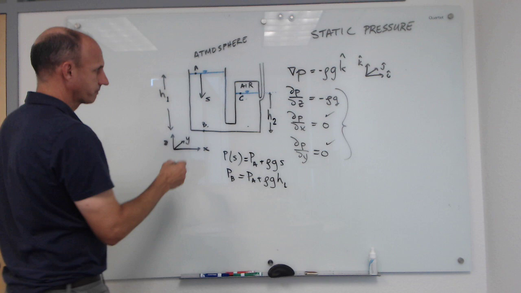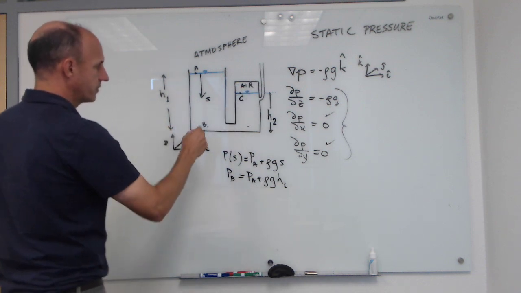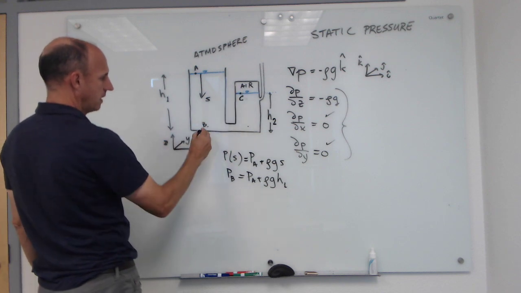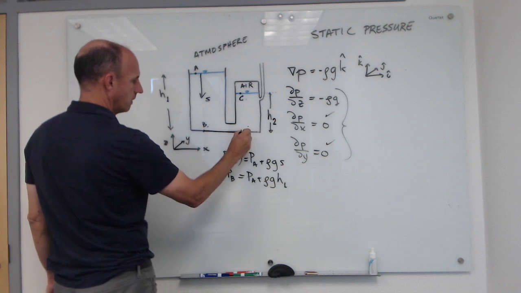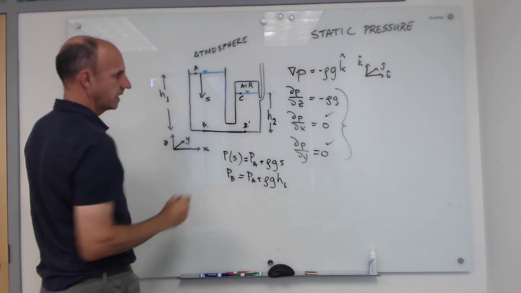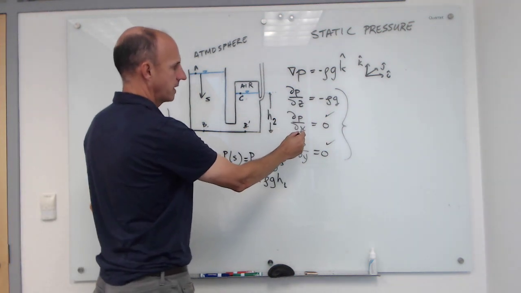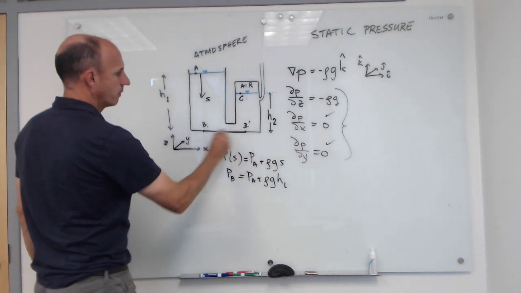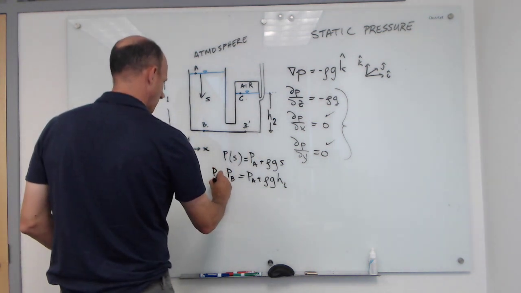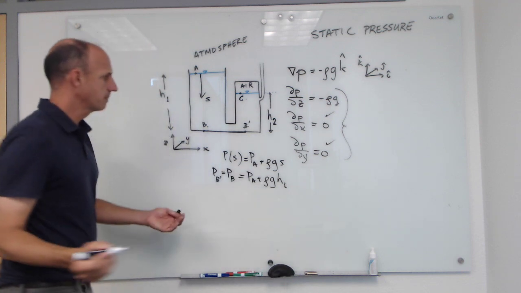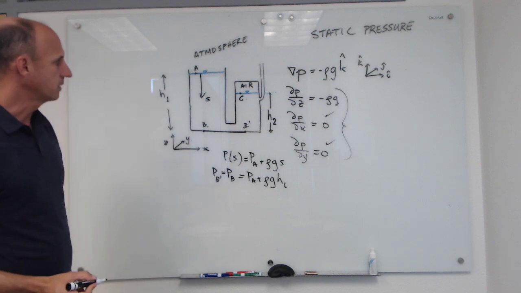So now I want to figure out what the pressure is here at C. Well, C is higher than B. What I'll do is I'll first slide over here horizontally to location B prime. And since I know the change in pressure with respect to x is 0, I can move horizontally and there's going to be no change in pressure. So I know that the pressure at B prime is the same as the pressure at B, and that's just equal to the pressure at A plus rho g times h1.